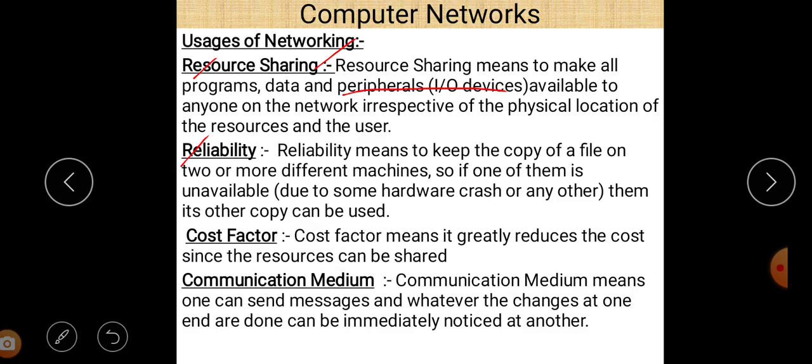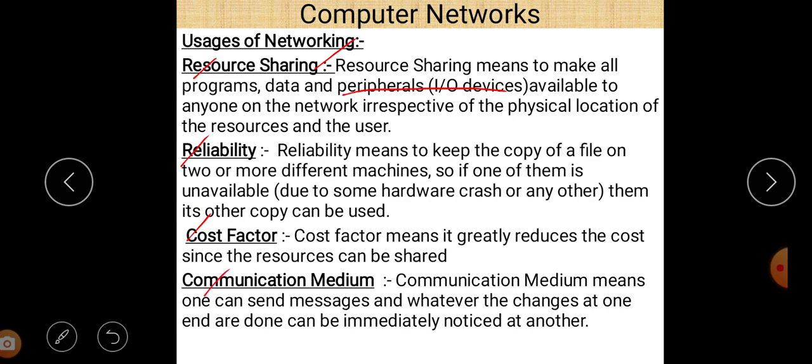Third is cost factor. Cost factor means it greatly reduces the cost since the resources can be shared. That was already discussed with the example of the printer, that a single printer can be shared by different computers, so it reduces the total cost.